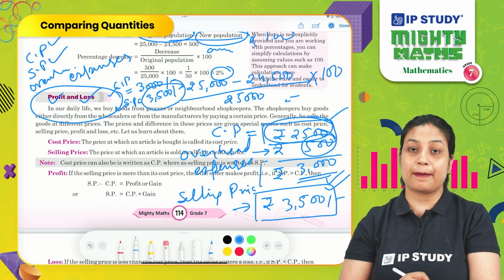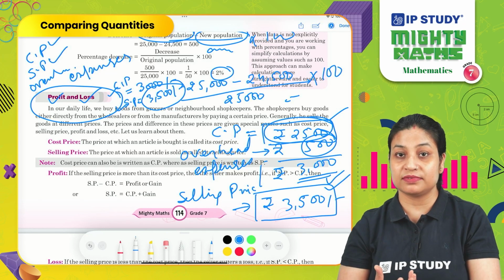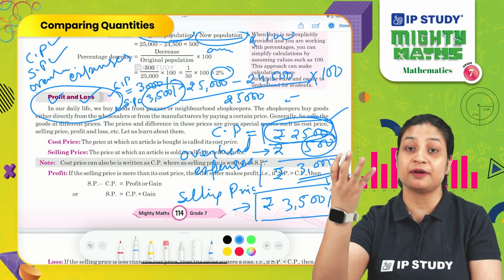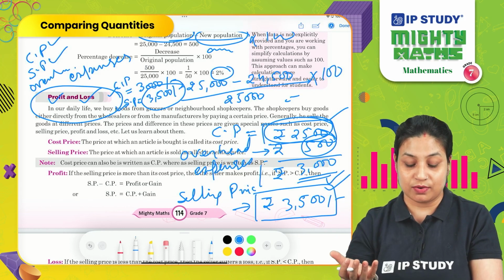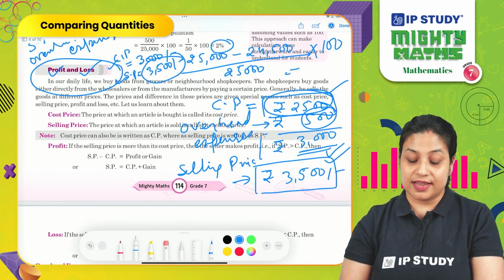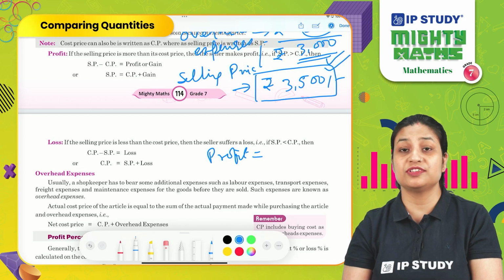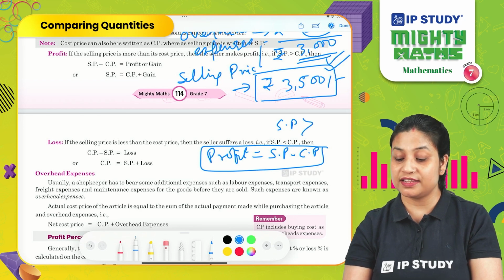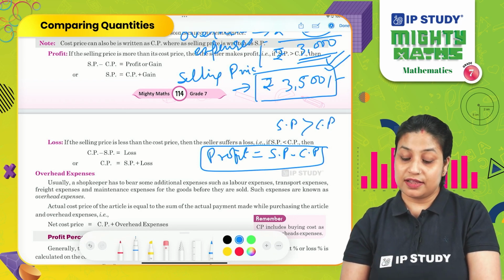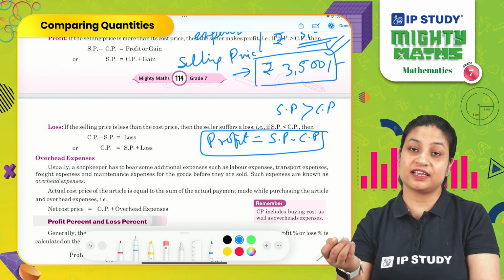So whenever it happens that you are buying any item at a lower price and selling it at a higher price, in that case you got profit. Profit is also called gain. So in that case the formula will become profit is equal to SP minus CP, because in this case SP, that is selling price, is greater than cost price, right? Suppose he sold the bicycle at rupees 2000.